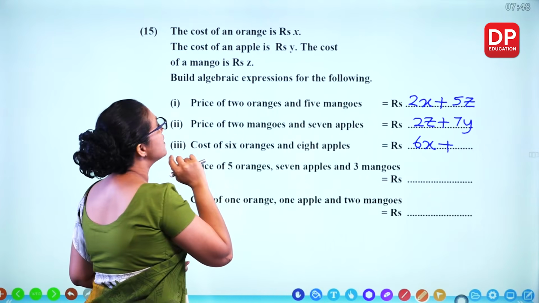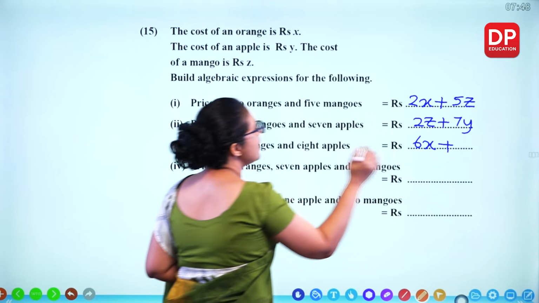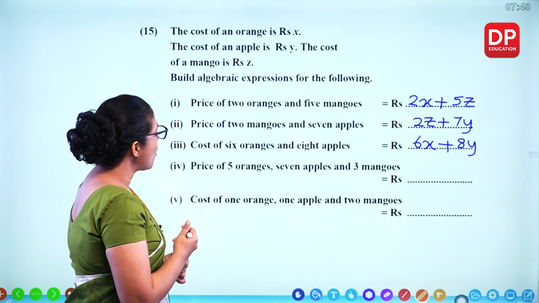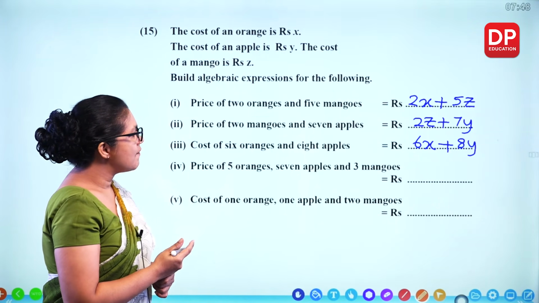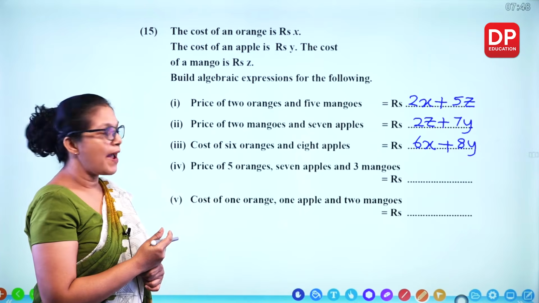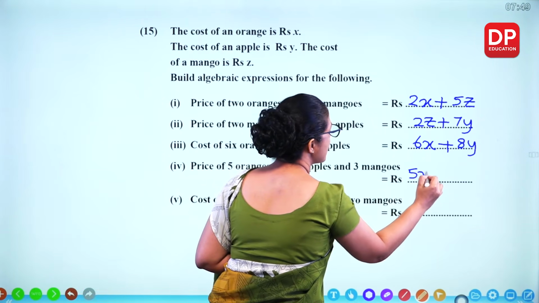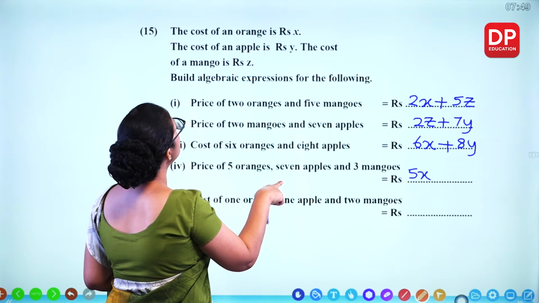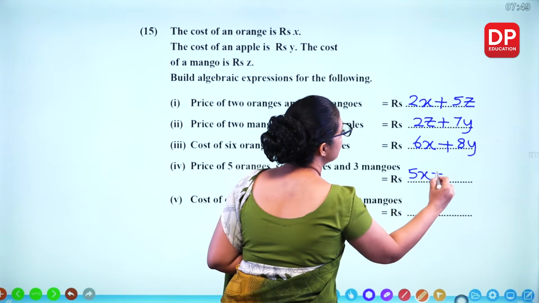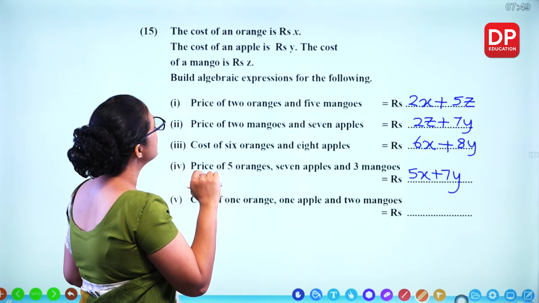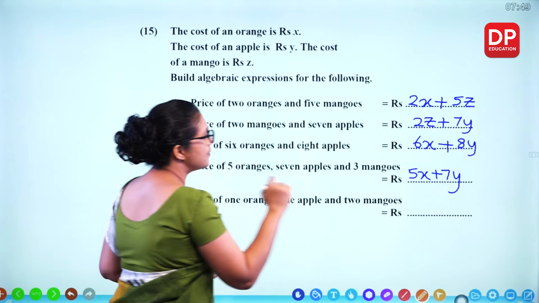And 8 apples. 1 apple is y, that's 8y. Price of 5 oranges, 7 apples and 3 mangoes. 5 oranges, that's 5x. 7 apples, 7y. Then 3 mangoes, 3z.